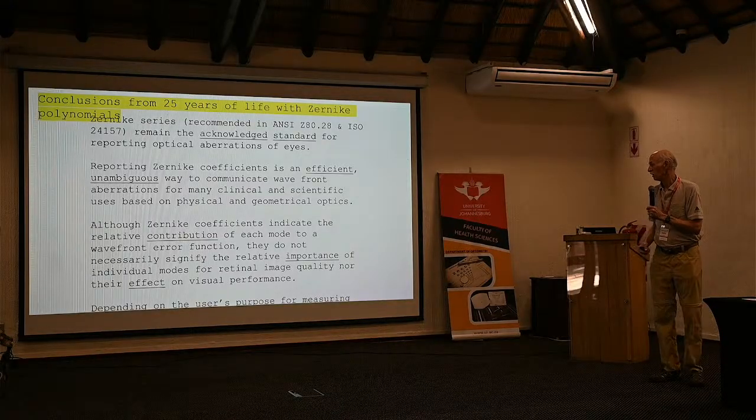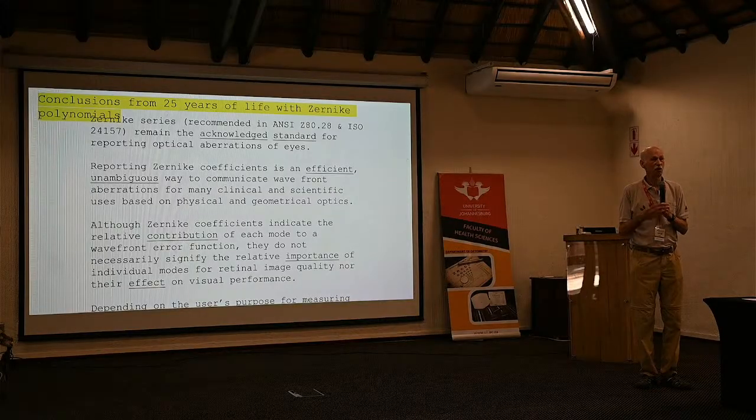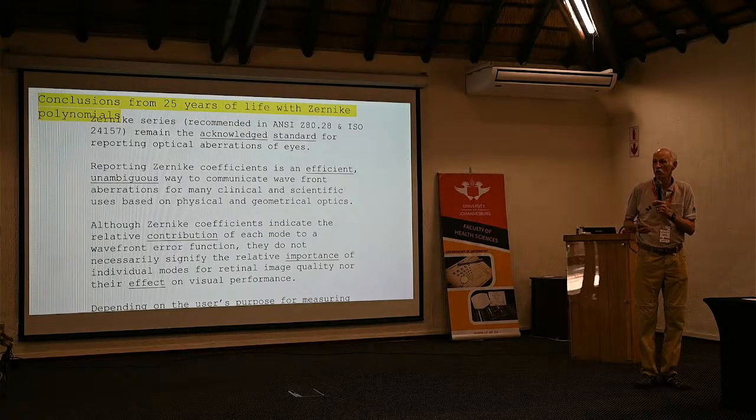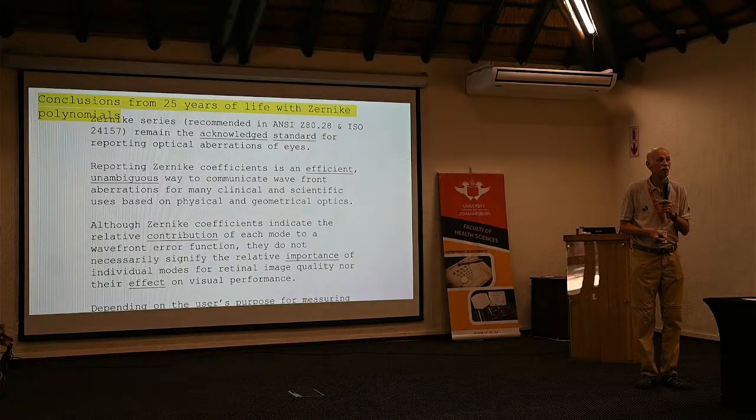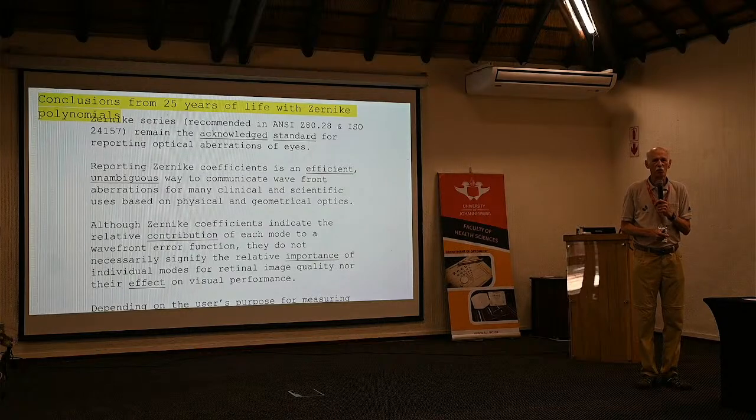And depending on the user's purpose, there might be a very good reason for taking those wavefront error measurements and using a different method of representation, maybe changing from normalized coordinates to physical coordinates, whatever you need to do. It'd be perfectly justified, but it's not a criticism of Zernike polynomials as being the standard.